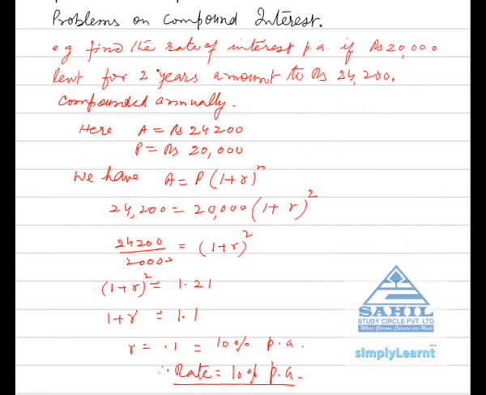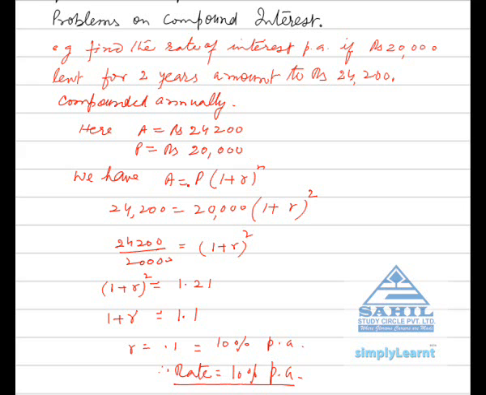For example, find the rate of interest per annum if rupees 20,000 lent for 2 years amount to rupees 24,200 compounded annually. Here amount is 24,200, principal is 20,000.